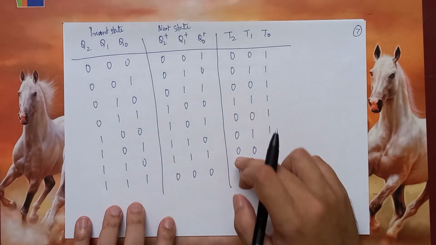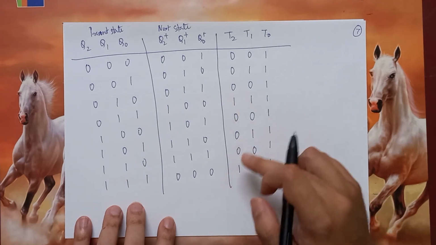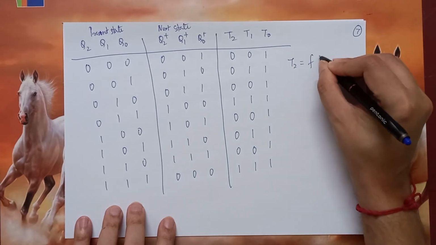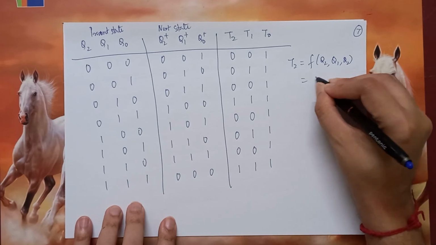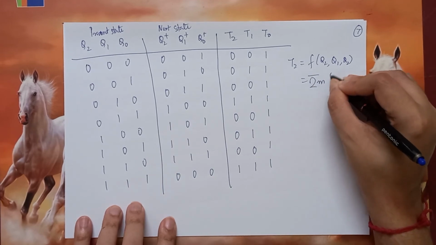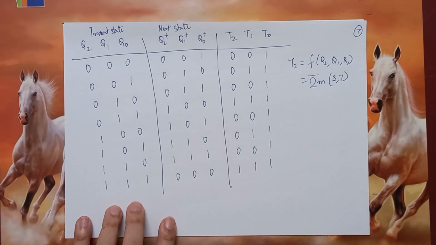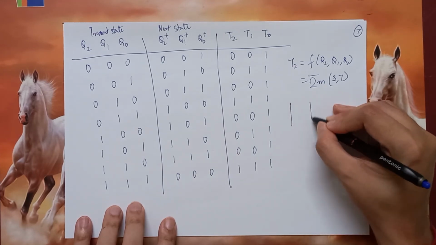So you can quickly make a K-map. The minterms are 3 and 7. So T2 is a function of Q2, Q1, Q0, equal to 3 and 7. The K-map will look something like this.